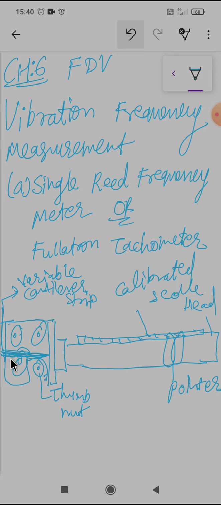This is done till the free end shows large deflection. At this instant, the natural frequency of the cantilever is equal to the exciting frequency.